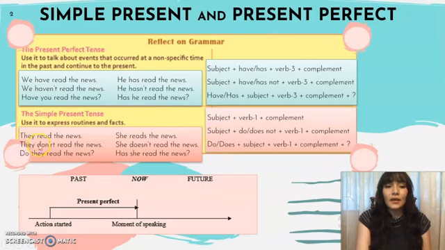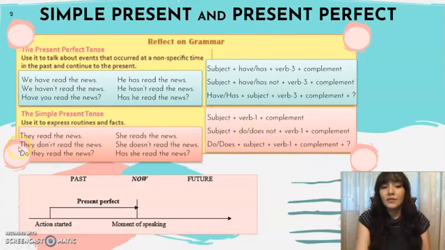They don't, sorry for this spelling mistake. So they don't read the news. And the question, do they read the news? So we observe first the auxiliary, do or does, that in this case is do. Then we have the subject. Then we have the verb and the complement.